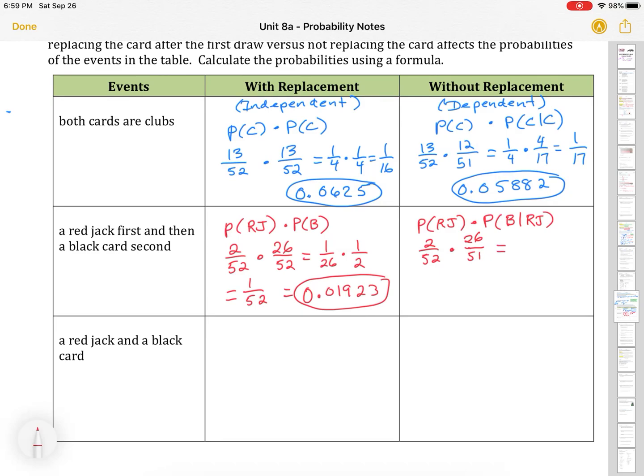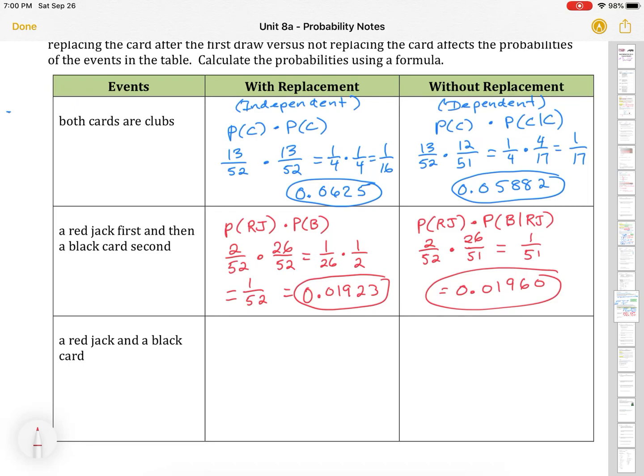Now, probability of a black card, we still have all 26 black cards, but now we only have 51 cards. So when we reduce this, if you reduce your fractions dividing things out, you're going to get 1 out of 51, because 2 times 26 is 52, so the 52 divides out of the top and the bottom.